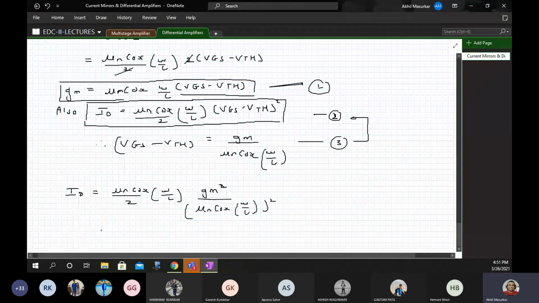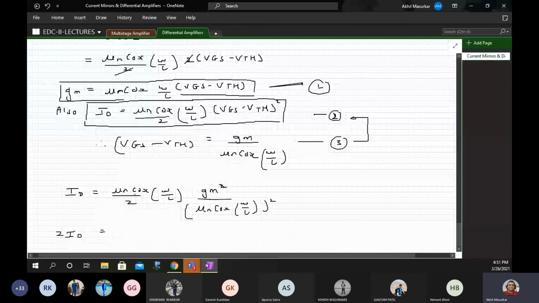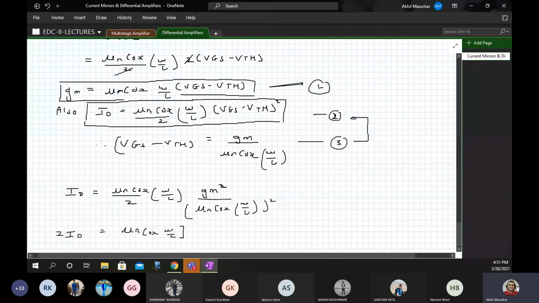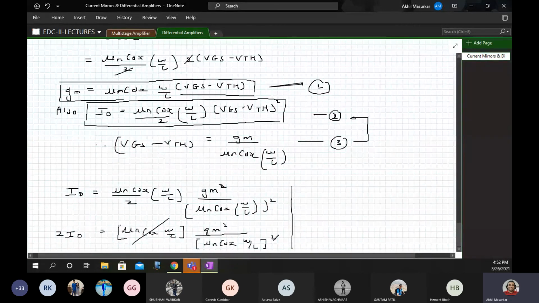So what we are left with is 2ID on one side, and on the other GM square upon mu n COX W by L. If you rearrange the terms, we can write GM equal to the root of 2 mu n COX W by L times ID.